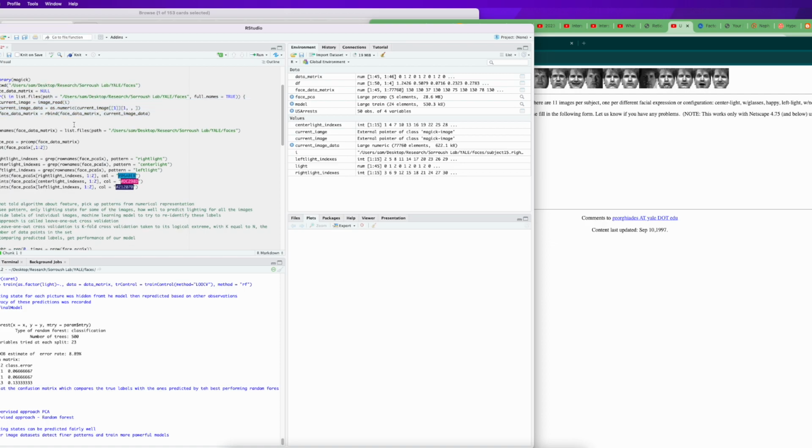Once I've read in all the files, I'm going to turn the images into pixel form, and then create my matrix data frame, where, as I said before, all the rows are individuals and all the columns are the shades of gray. Once I've done that, I'm going to do my first statistical technique, which is principal component analysis.